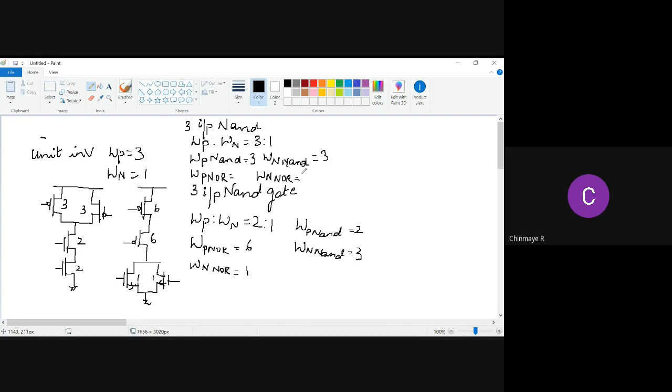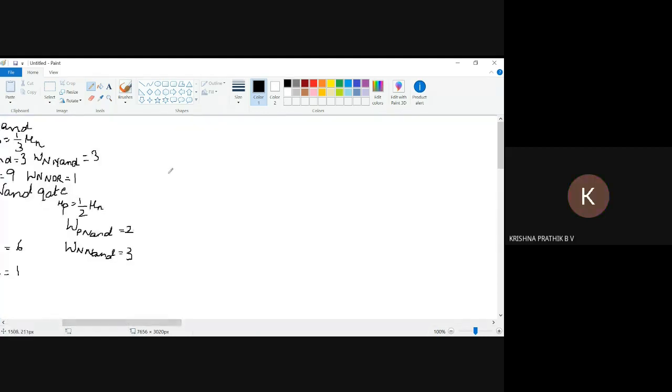What is 9 and what is 1? PMOS is 9 and NMOS is 1. Okay. So based on the mobility, you derive the width of the PMOS and NMOS, and then you size the other gates in such a way that each branch will have an effective resistance R.